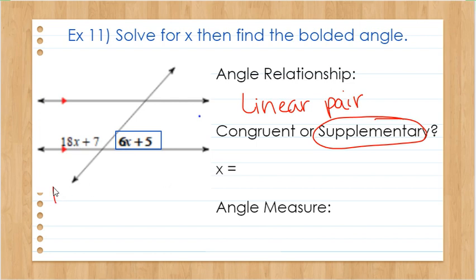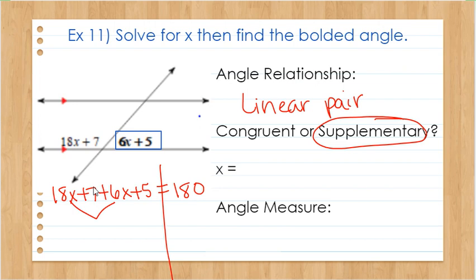So 18x plus 7, this angle, plus this angle, 6x plus 5, together equal 180 degrees. Go ahead and solve this problem. Combine your like terms. 18x plus 6x is going to give us 24x. And then 7 plus 5 will give us a positive 12.